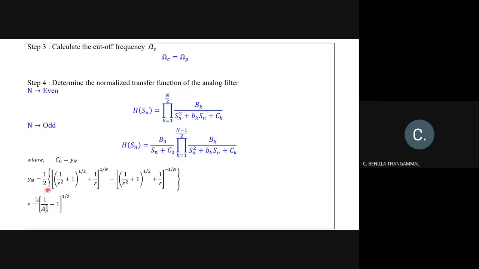Now if you substitute your epsilon value here, you will get your y of n, and then you can get your c0. Right? Next, to find your ck, ck is given by y of n squared plus cos squared of (2k − 1)π by 2n.